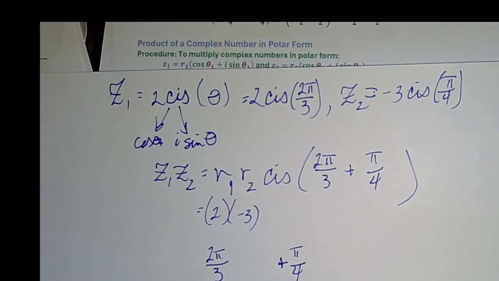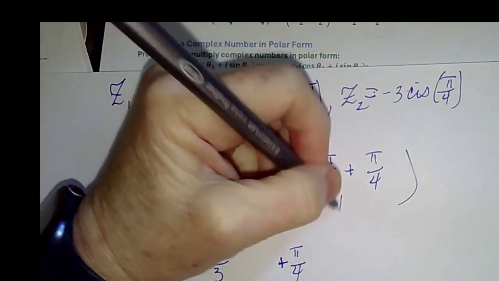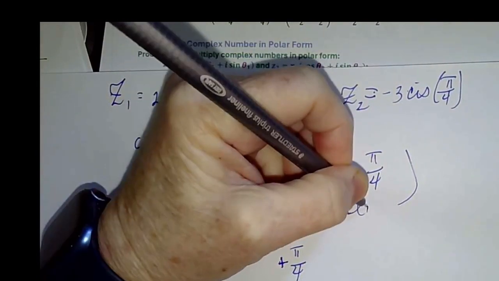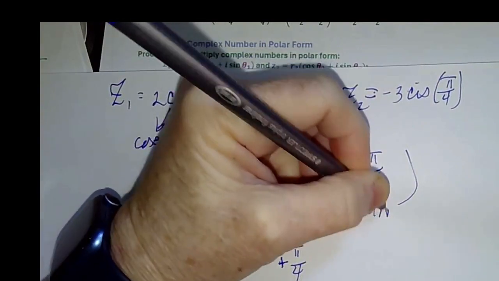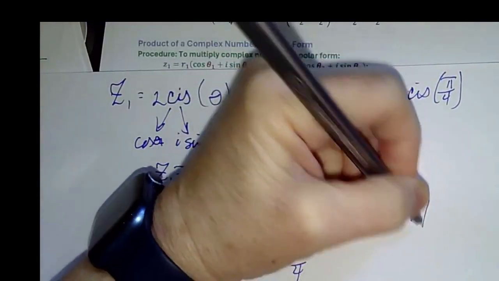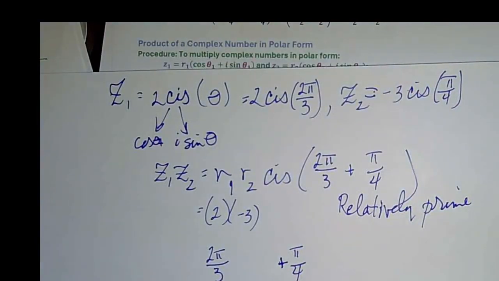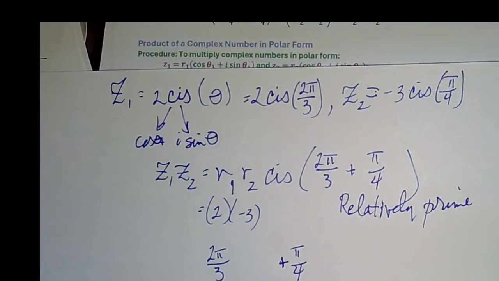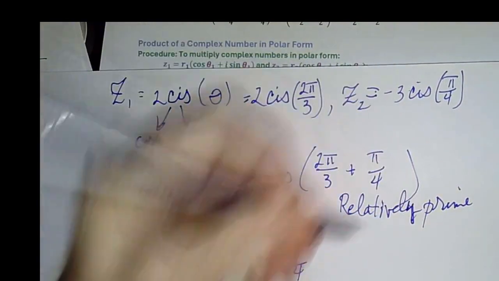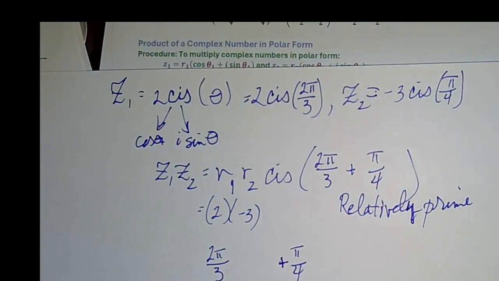3 and 4 are what we call relatively prime numbers, which means that even though 4 isn't a prime number, it shares no factors except 1 with 3.